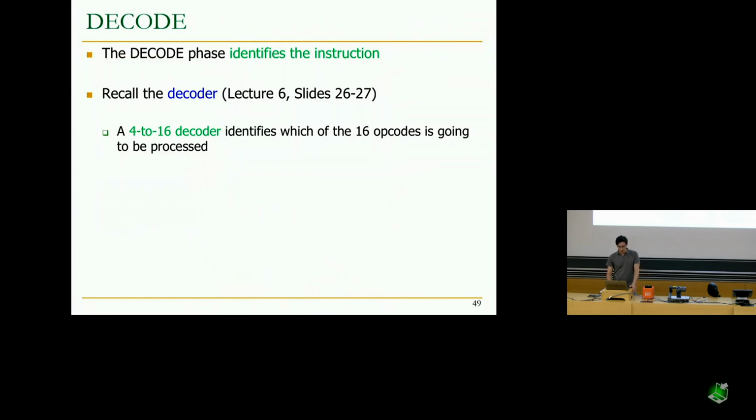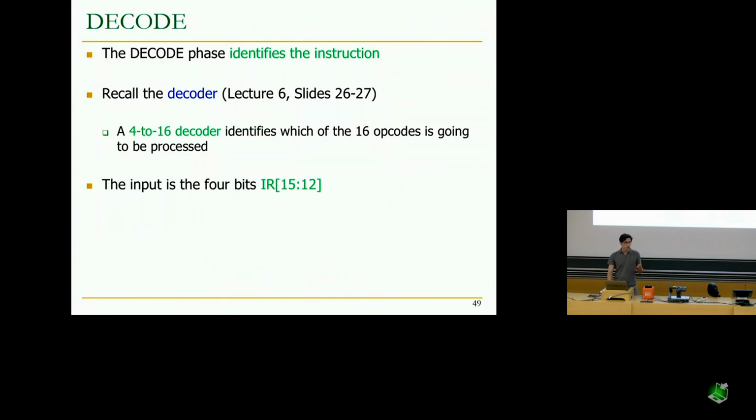You saw it in lecture 6. In this case, in LC3, we need a 4 to 16 decoder because we have 4 bits that represent the operation code, and we can have up to 16 different instructions.